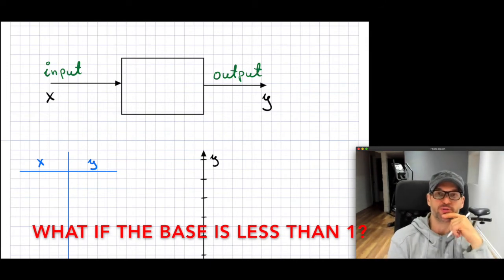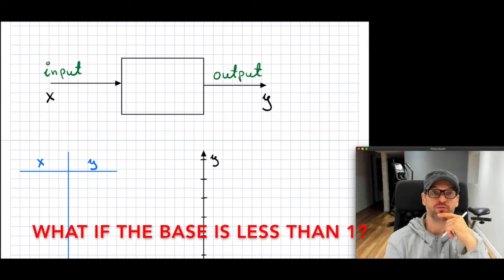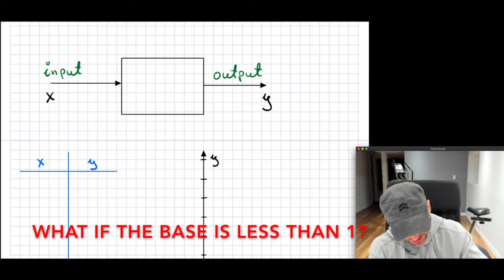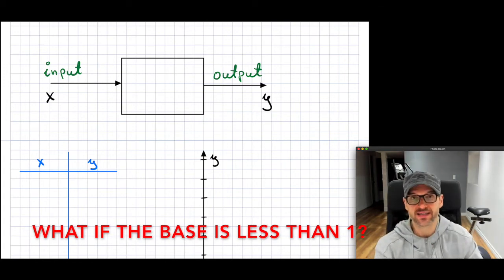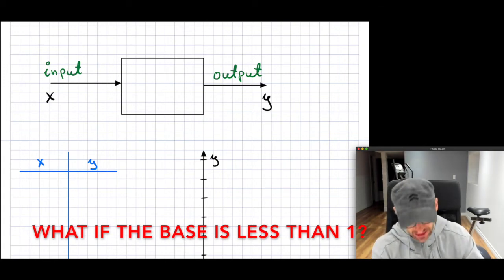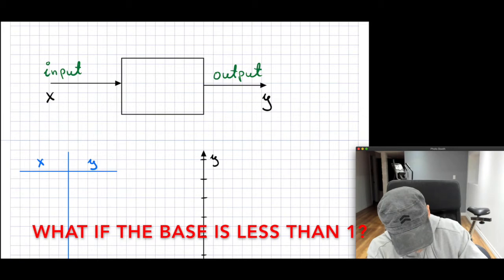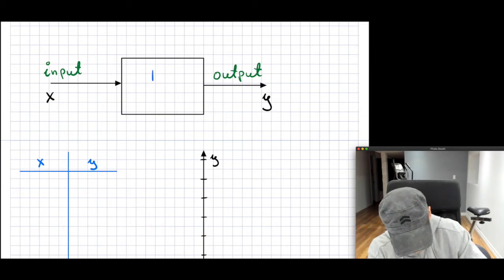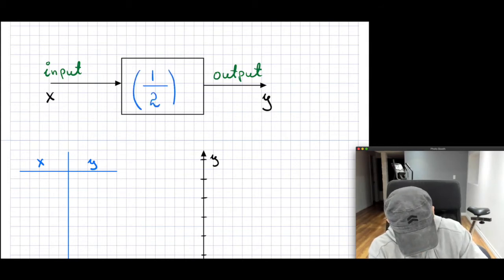Now you could have put 3 to the power of x, 4, 5, or any number, 3.2, 8.5, doesn't matter. But now what I'm going to do is set the base, and I'm going to make the base less than 1. So let's imagine I put this at 1 over 2, and that is now my base.